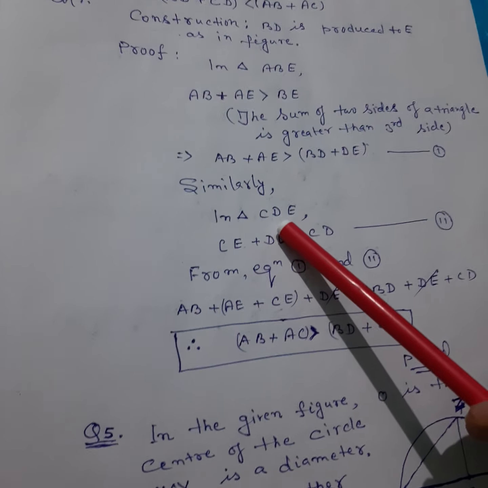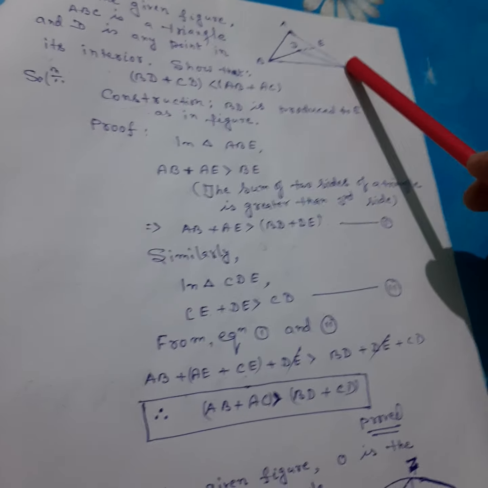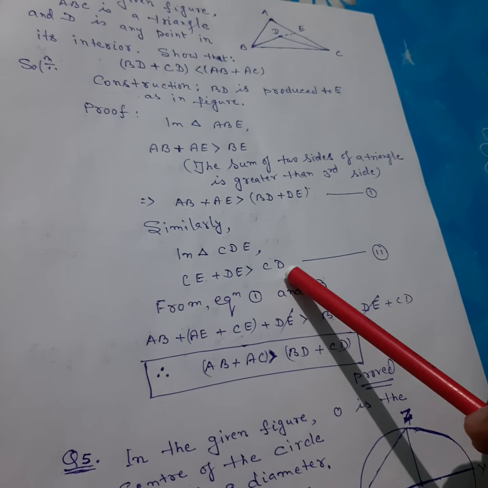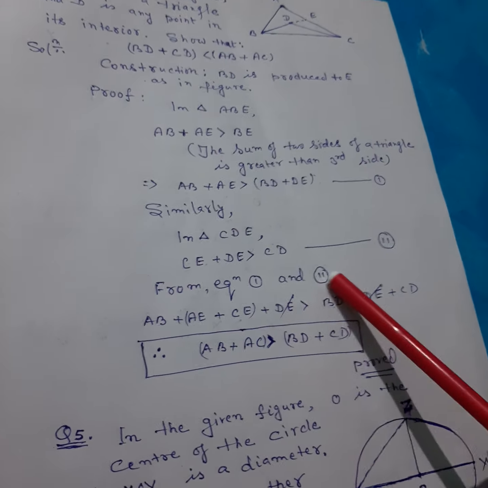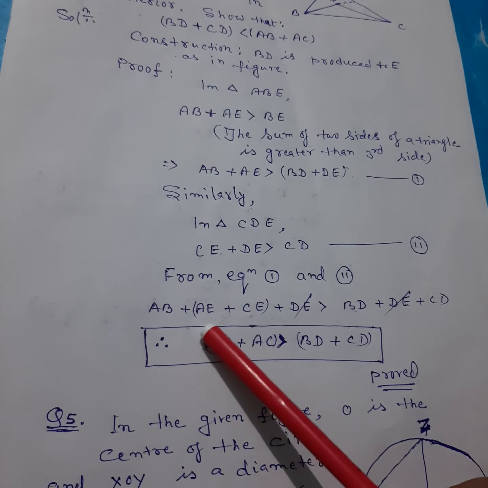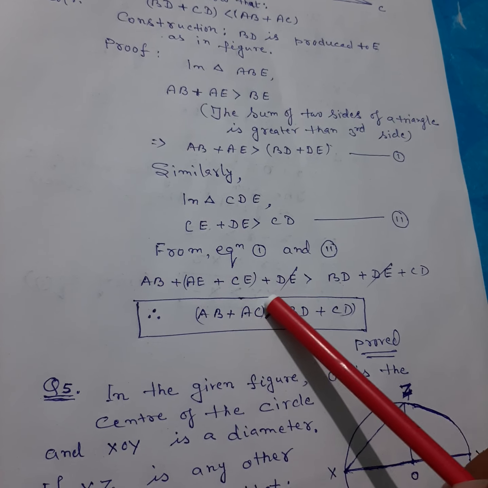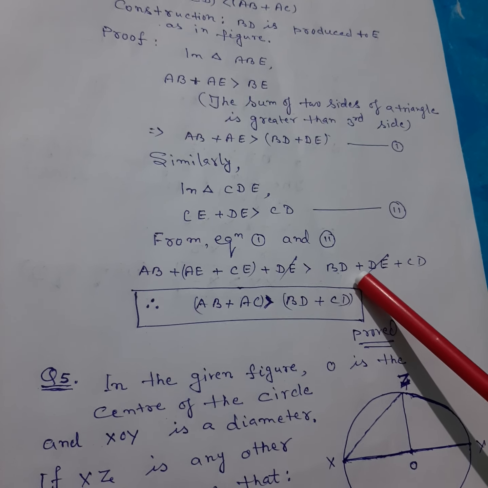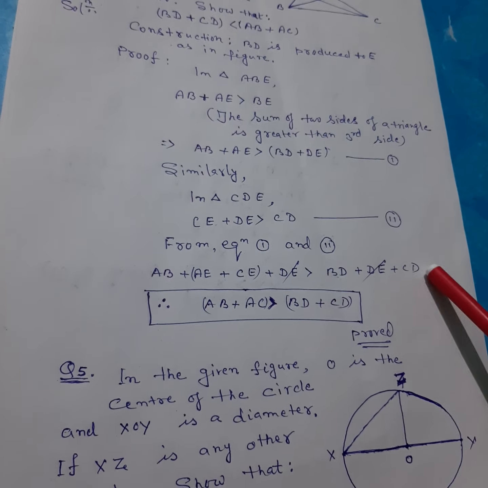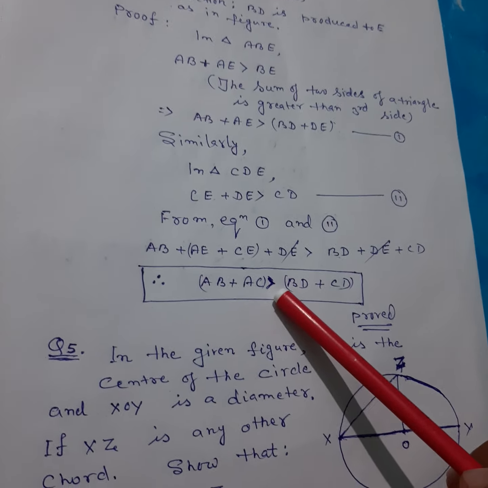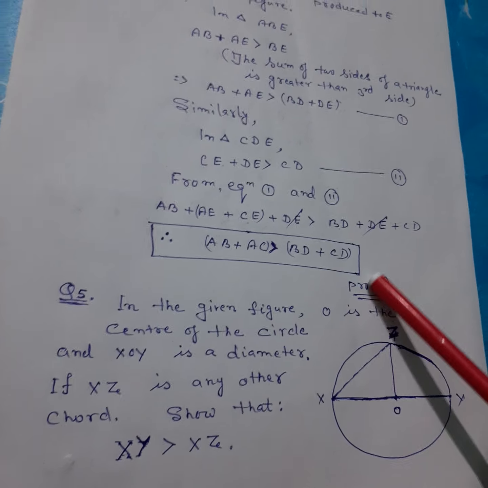Similarly, in triangle CDE, the sum of two sides, that is CE plus DE, is greater than CD. From equations 1 and 2, we get AB plus CE plus AE plus DE is greater than BD plus DE plus CD. DE cancels. Finally, we get AB plus AC is greater than BD plus CD.